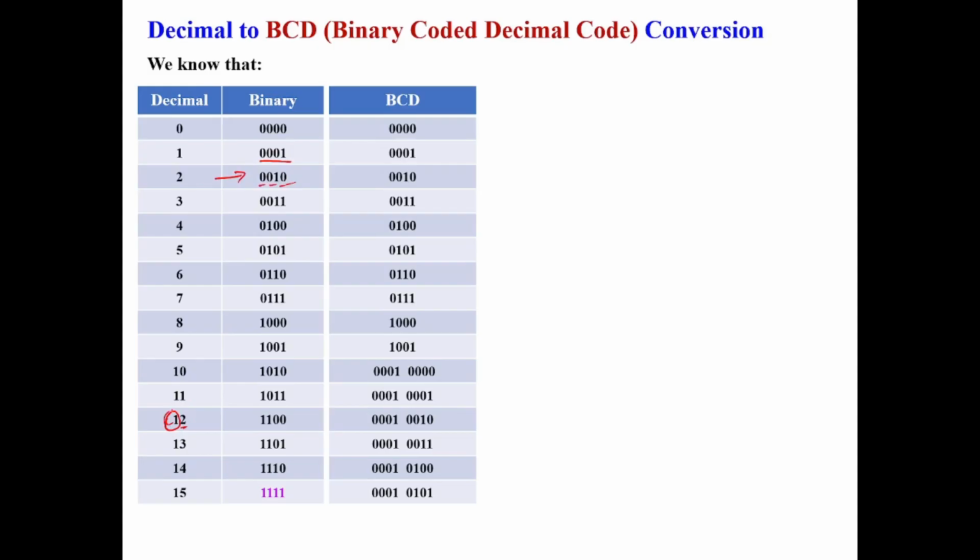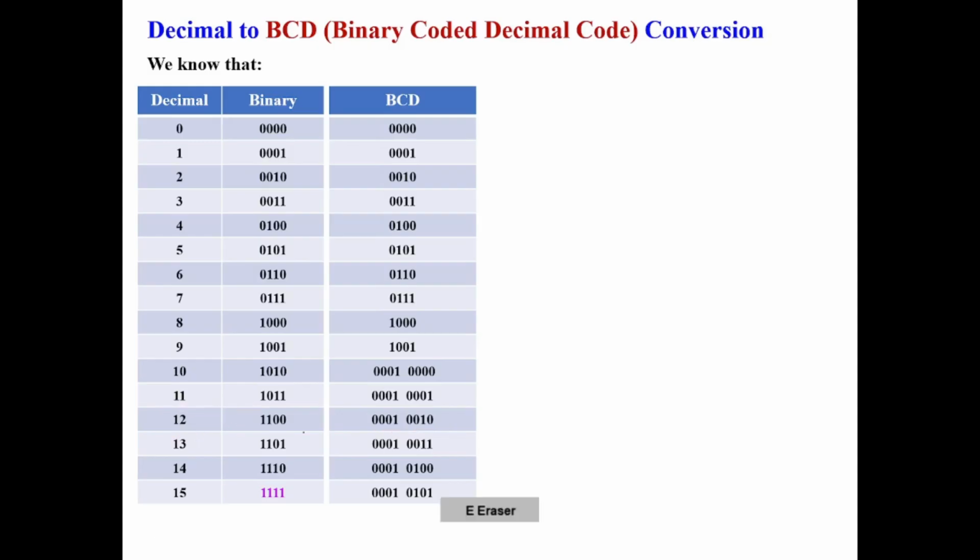So for 1 we write a 4-bit binary number, and for 2 we write a 4-bit binary number. So for 12 the BCD code will be 0001 0010.